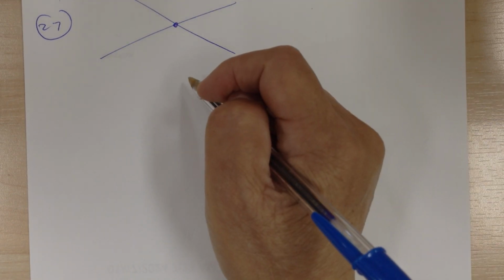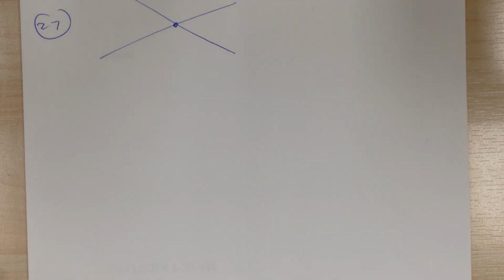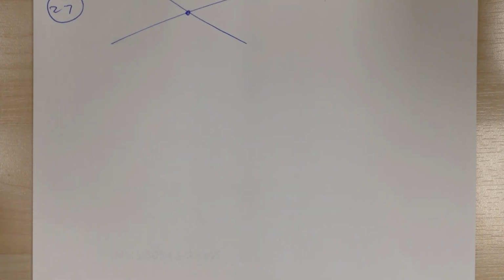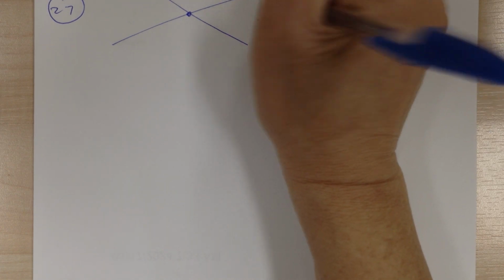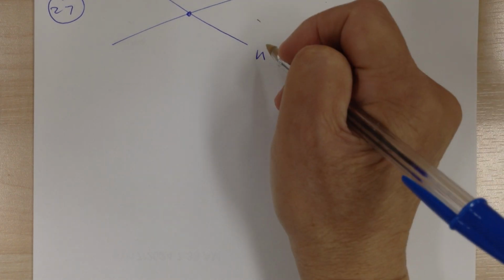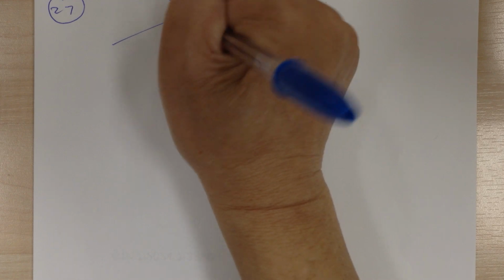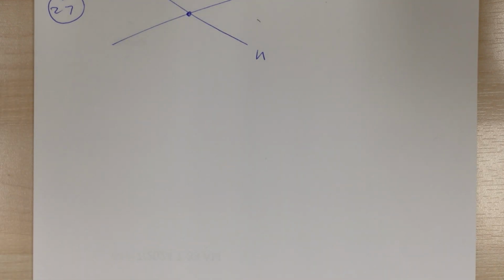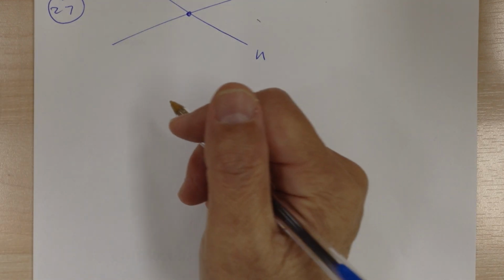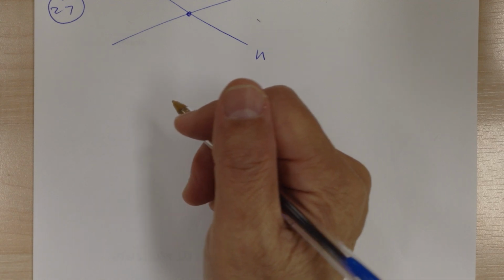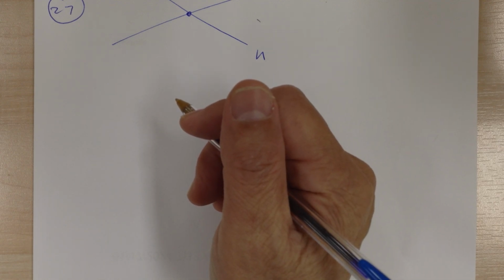So if two lines intersect, there will be exactly 1 point. Given intersecting lines M and N, prove the intersection is exactly 1 point. So you can read through the statements.